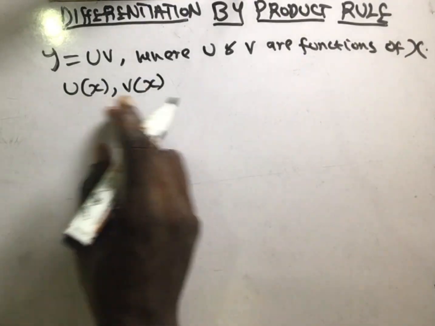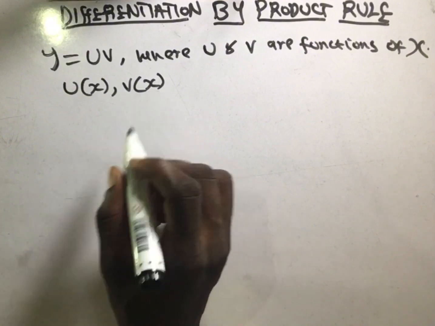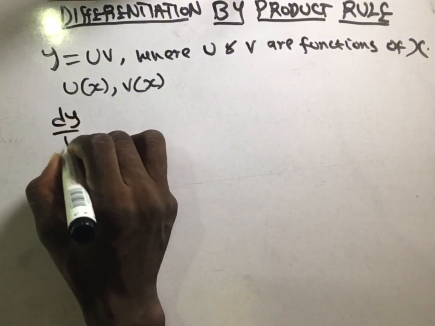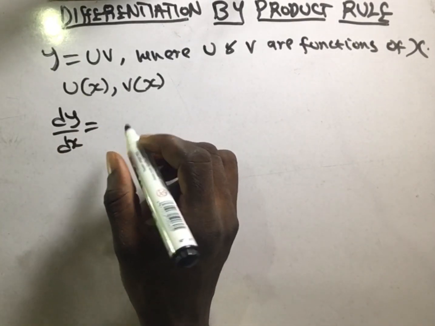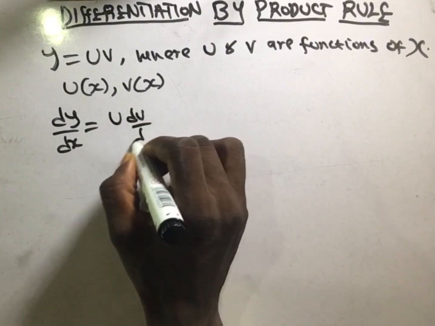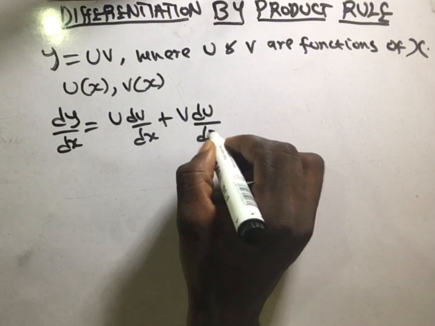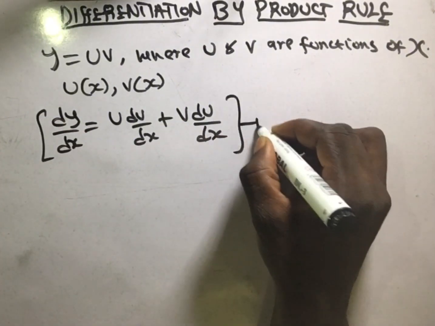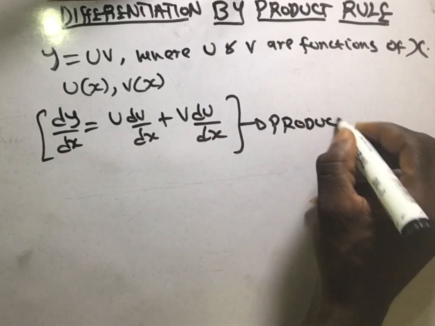It means they are both functions of x, right? In the case where they are both functions of x, dy over dx, which is basically the slope or the gradient function, is going to be u dv over dx plus v du over dx. I think this is a very simple formula. So basically, this is our product rule.